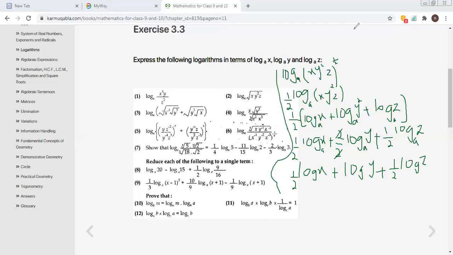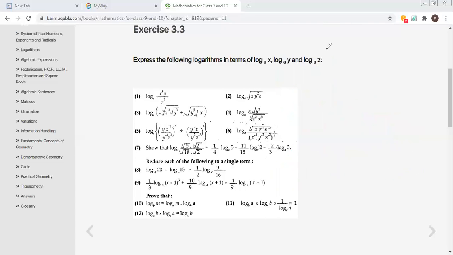No? Okay, now question number 3. Also here question number C has root of root, okay, cube root and dividing form. यहाँ पे in the middle you can see that division form.